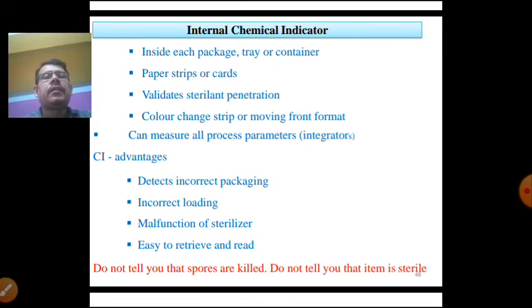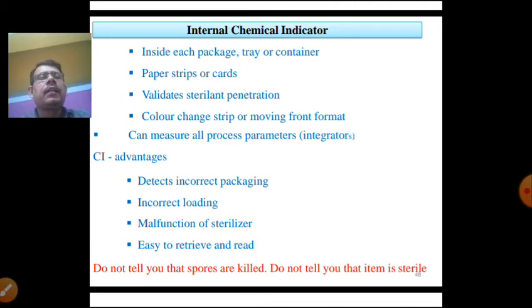There are some advantages of this chemical indicator in the mechanical internal process: it detects incorrect packaging, incorrect loading, and malfunction of the sterilizer, and it is easy to retrieve and read. But it does not tell you that the spores are killed, and does not tell you that the item is sterile.